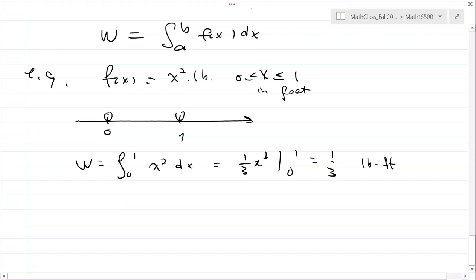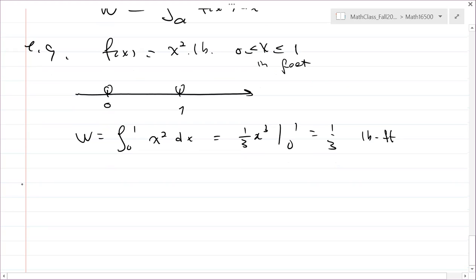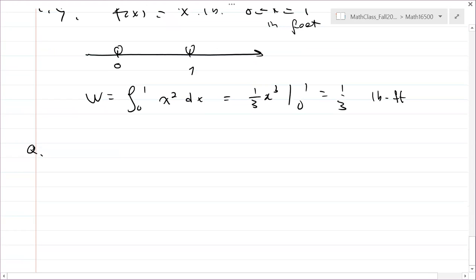Now, sometimes the force is not given. It depends on the condition, the environment, right? So you have to figure out the formula by yourself. Here's a very good question. You have a tall building.